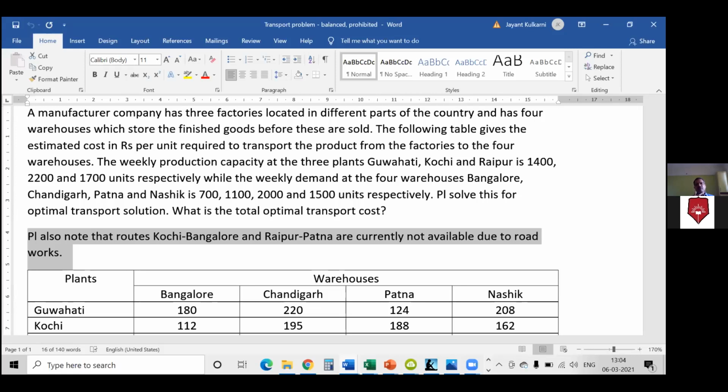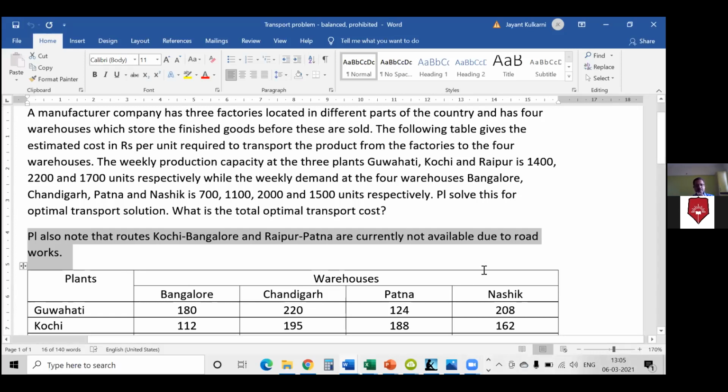Why not? Because the roads are physically not available. There is some problem. In other words, your solution should not include these two roads.